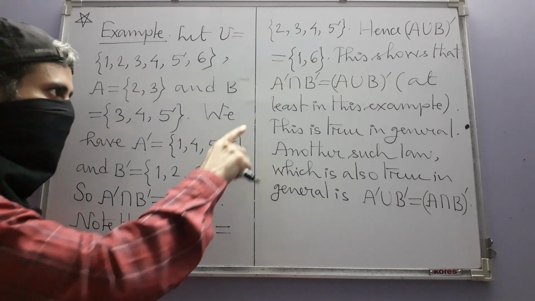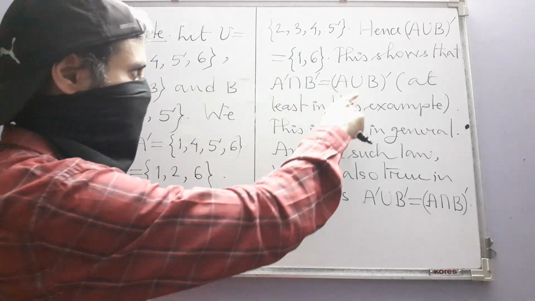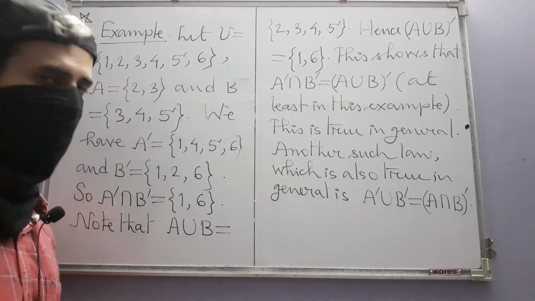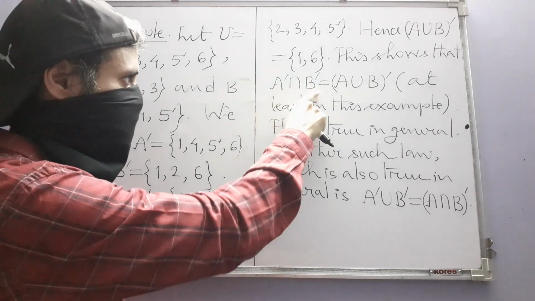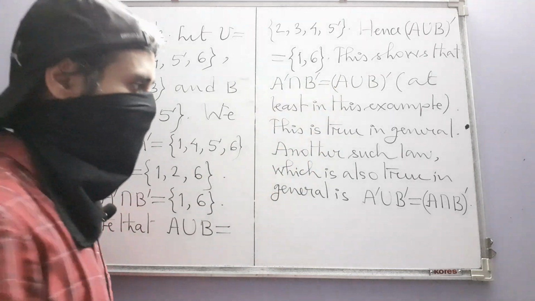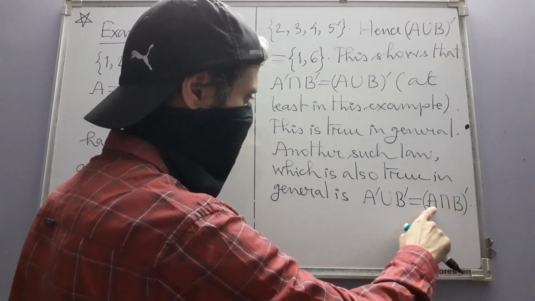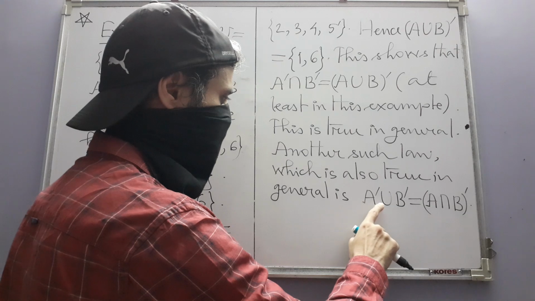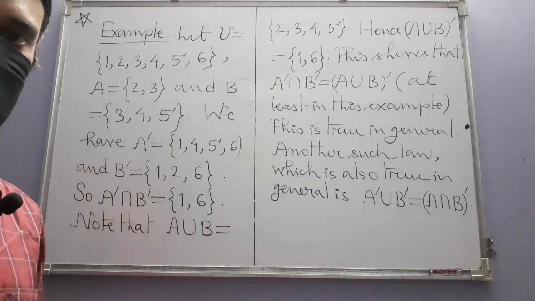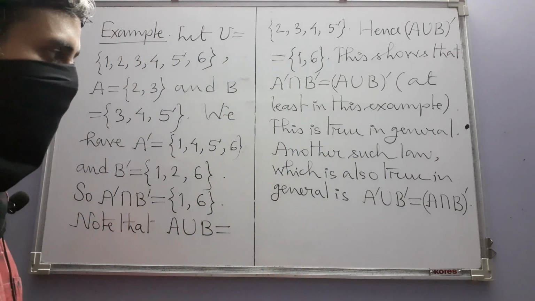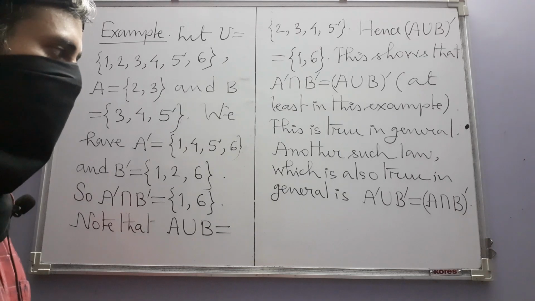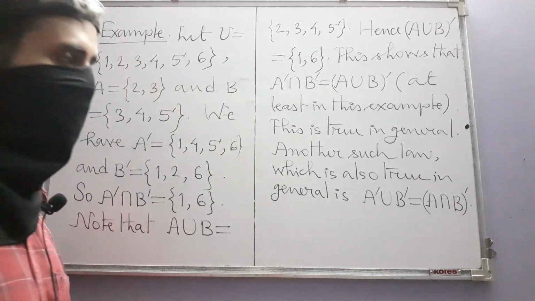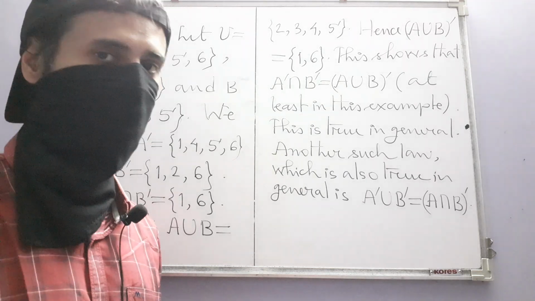Okay, so taking complement of a union turns it into an intersection, if you take complements of the individual sets. Similarly, taking the complement of some intersection is the same as the union of the complements of the individual sets. And these laws were first found by the English mathematician and logician Augustus De Morgan.